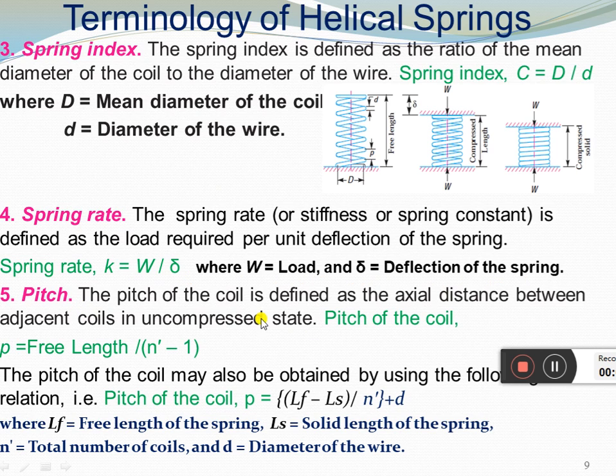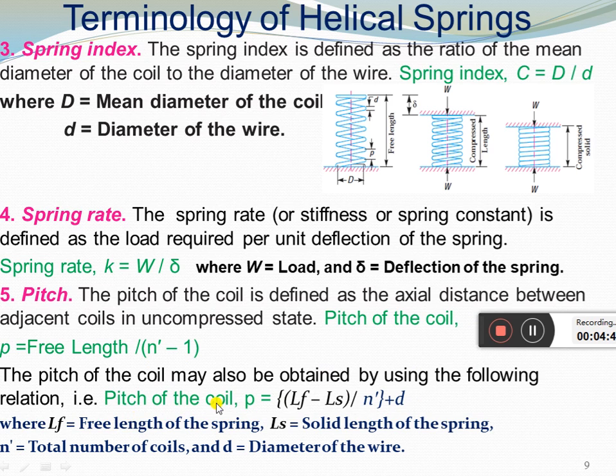Then pitch of the coil, p equal to free length divided by N dash minus 1, or else pitch of the coil, p equal to (LF minus LS) divided by N dash, plus d. LF is free length of the spring, LS is solid length of the spring, N dash is total number of coils, and d is diameter of the wire. So these are the terminologies of helical spring.